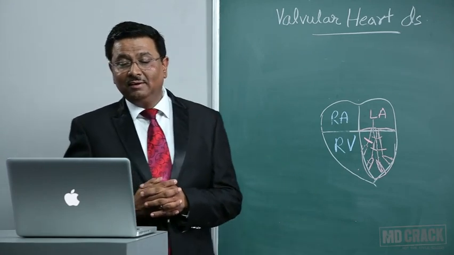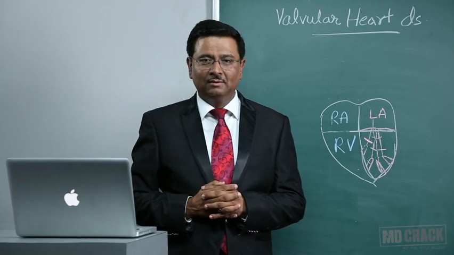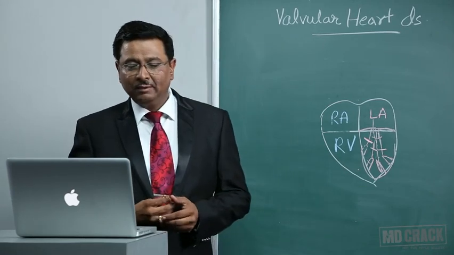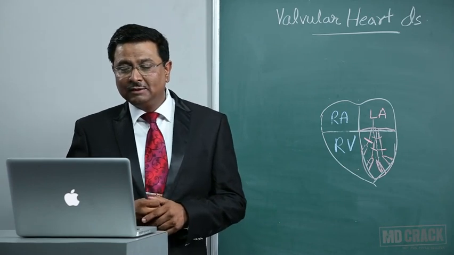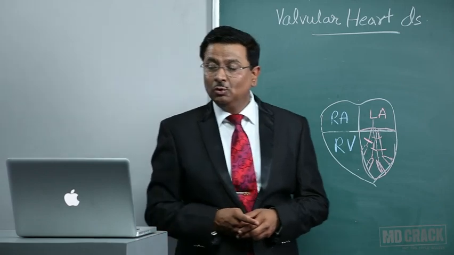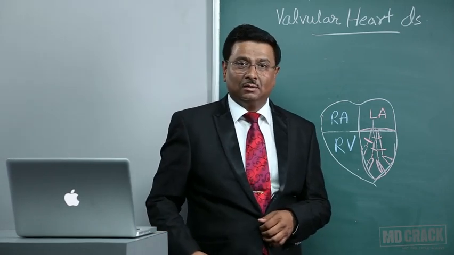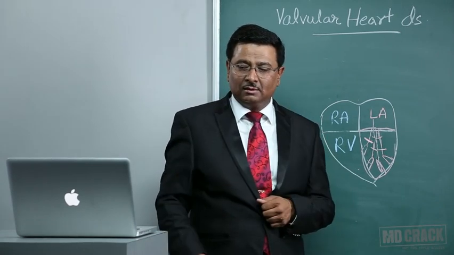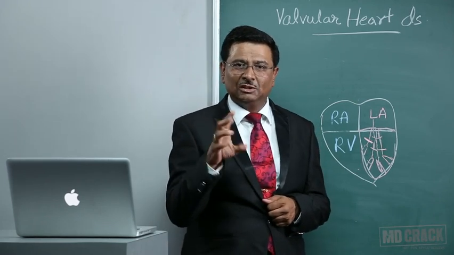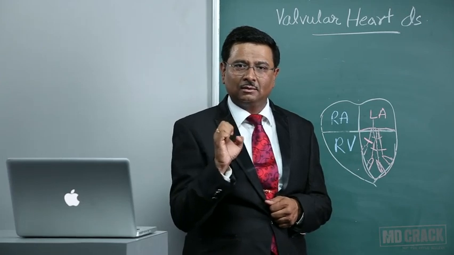Then we have de Musset's sign, head nodding with each pulse, which I have briefed you before. Then there is the pistol shot pulse: auscultation over the femoral artery gives a typical sound like pistol shots.